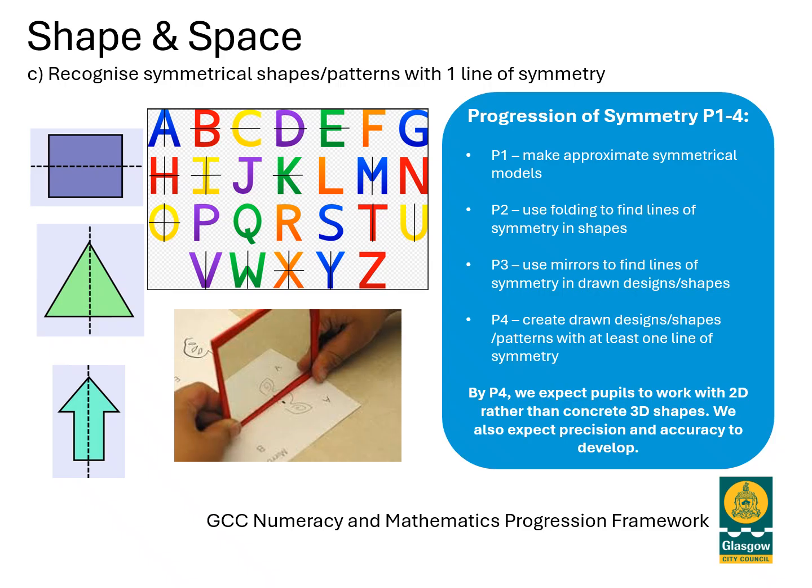By the time we get to P4, we're very much in the world of 2D shapes that we're then looking at with mirrors, or identifying the other sides of in that way, and we're expecting more precision. So as they move up, it's important they have different types of activities, different types of provocations to engage with, all building on that symmetrical knowledge.